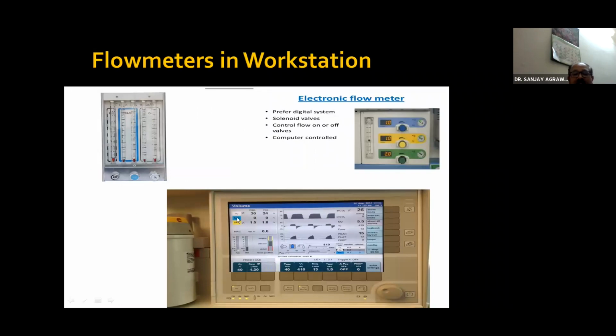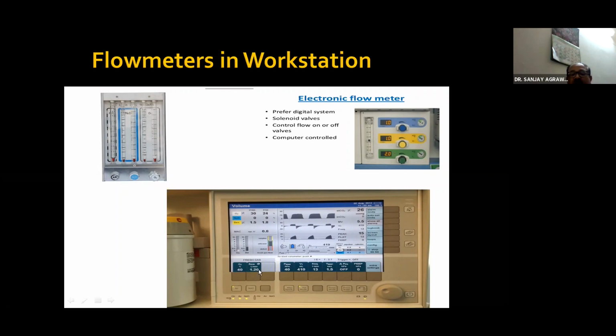Flow meters that I was talking about, these are three types of flow meters which are present in the Drager machines. This is the conventional flow meter. In between came these hybrid flow meters, and then this is a complete electronic flow meter where you can see everything.